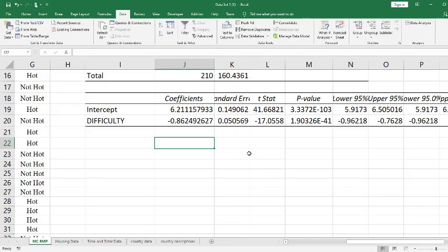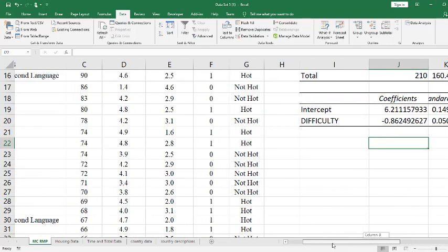So immediately we have an answer to our question from the beginning. If someone becomes more difficult, we know that their quality will fall, but we didn't know how much it would fall. Well, now we do. It falls by about negative 0.86. Almost a full point. Now, granted, you can't get negative 0.86 because everything's in tenths, right?